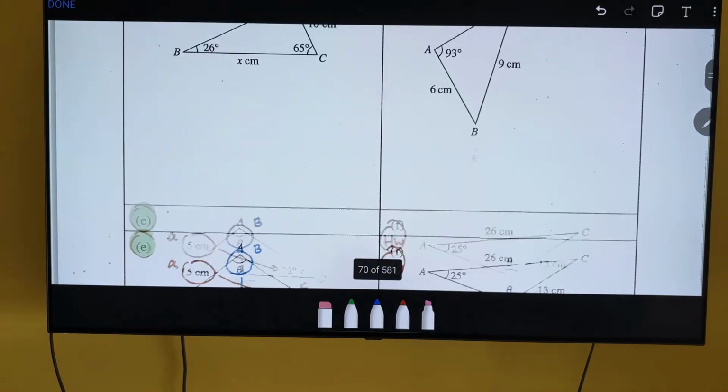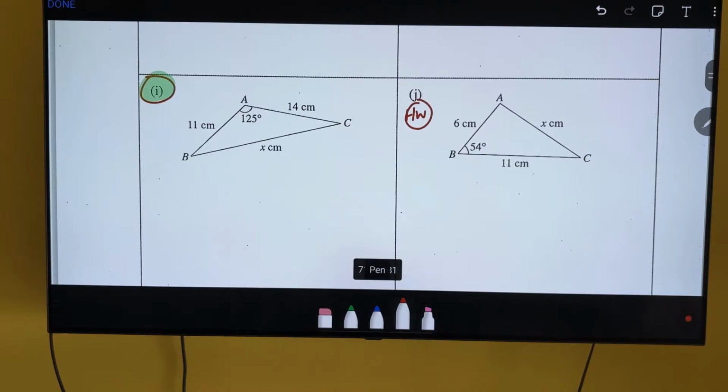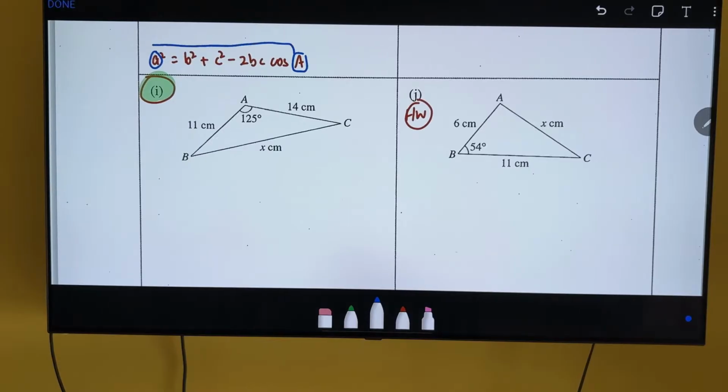So let's have a look back at the question at hand. Question I. Allow me to write down the cosine rule. Firstly, let's find the corresponding side and angle, where one of it is x.